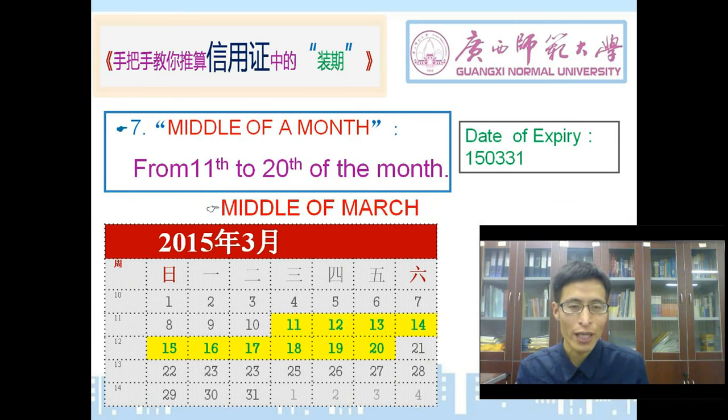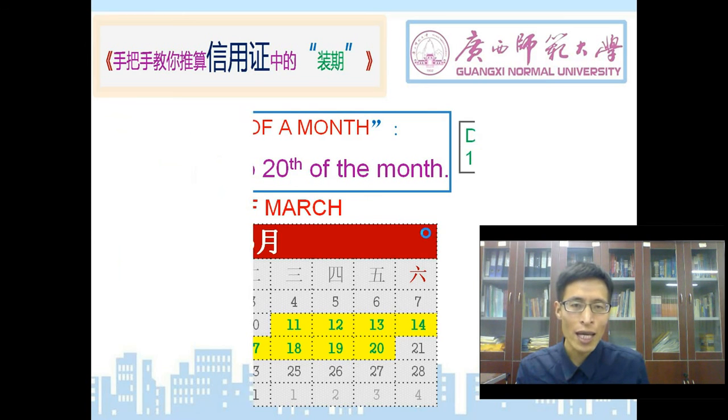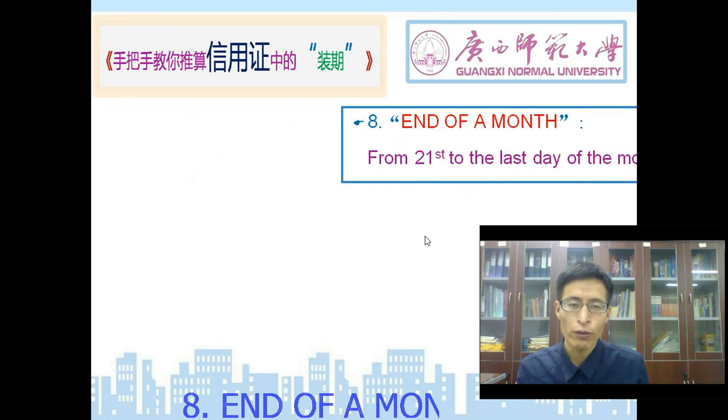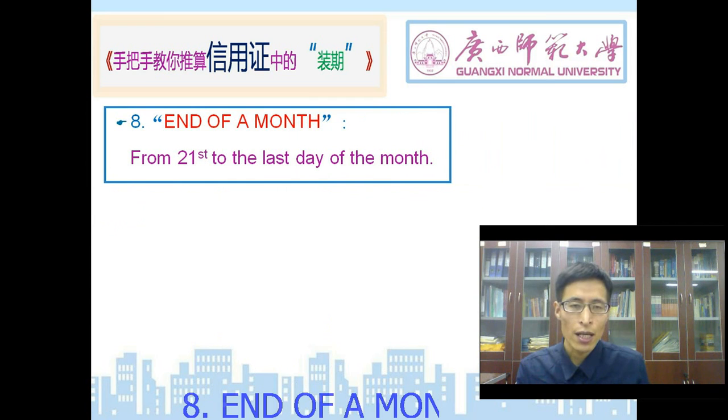Middle of a month here refers to from 11th March to 20th March of the year 2015. And also we suppose here the date of expiry of the letter of credit is 15/03/31.